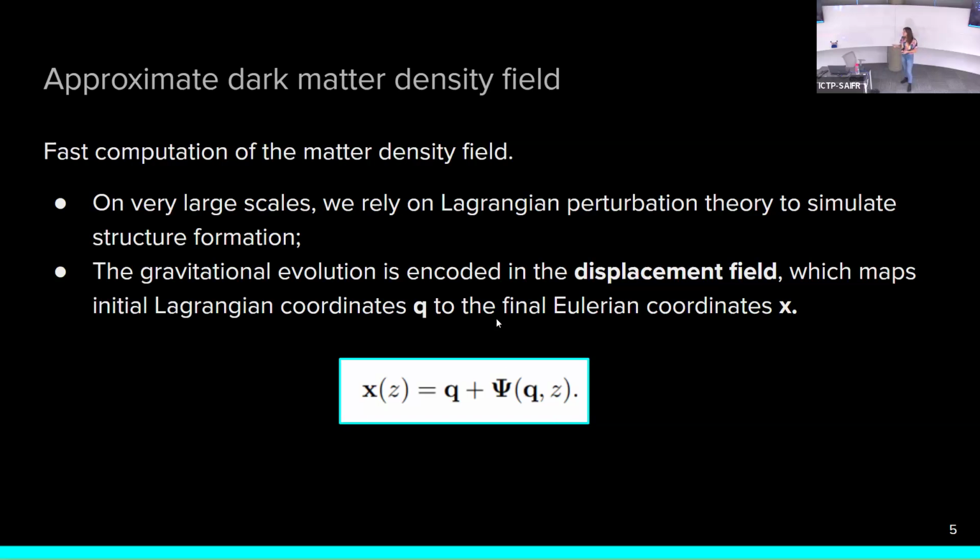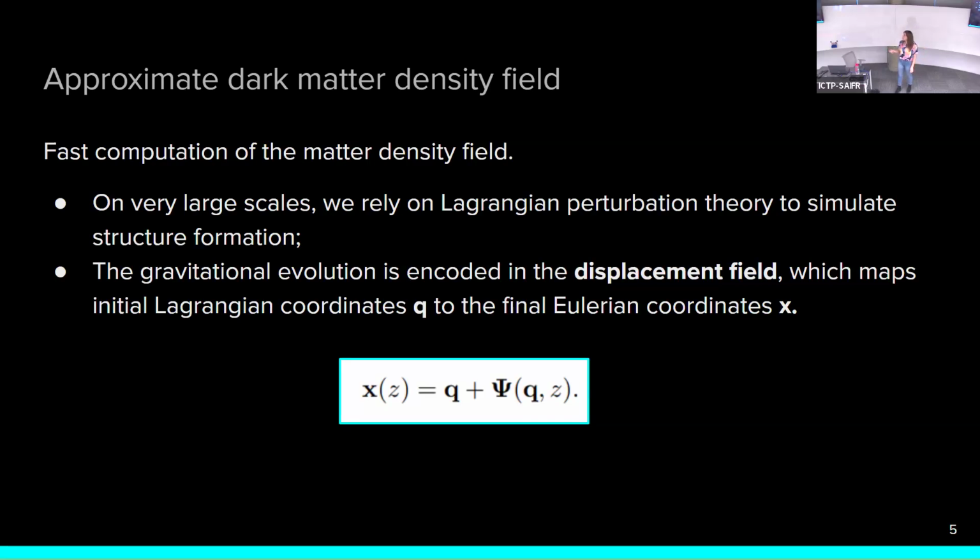This is accurate up to some scale, and you can model this displacement field to first order, second order, it depends. Here we are going to use second order Lagrangian perturbation theory to compute the displacement field to model the large scales.